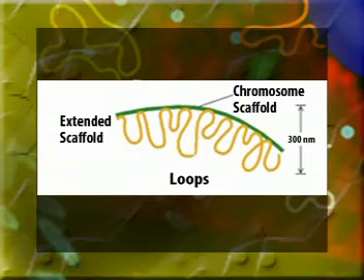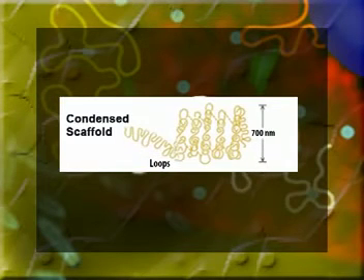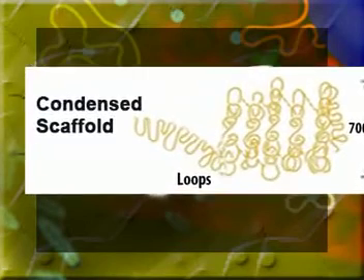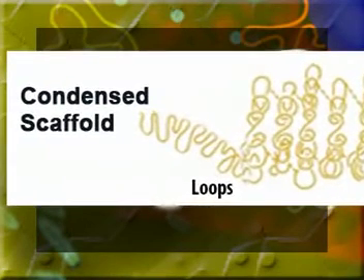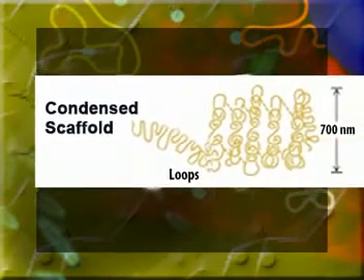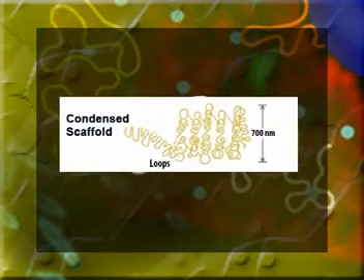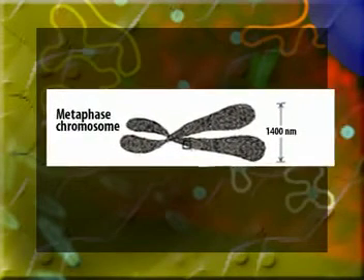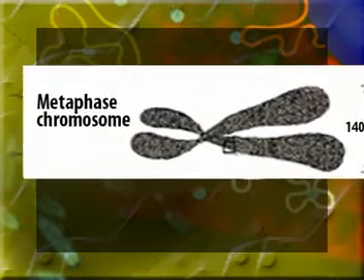The 30 nm solenoid fiber is organized into looped domain structure. Each loop has approximately 50 turns of solenoid. These loops are thought to undergo at least one more level of packing to form the mitotic chromosomes. This final level of packaging is seen in the metaphase chromosome.